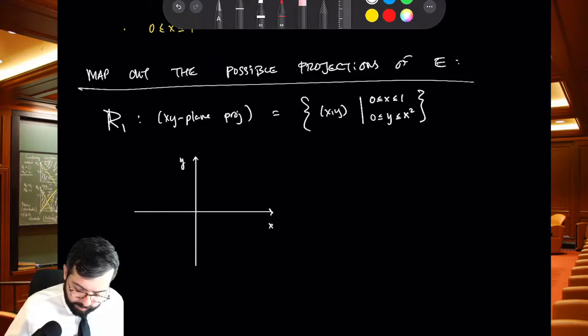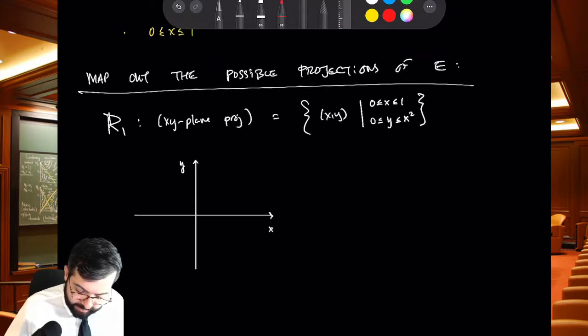Well, in the xy plane, y is bound between 0, which is the x-axis, and then the parabola y equals x squared, so something like this. And then here's x equals 1. So really here's my region here.